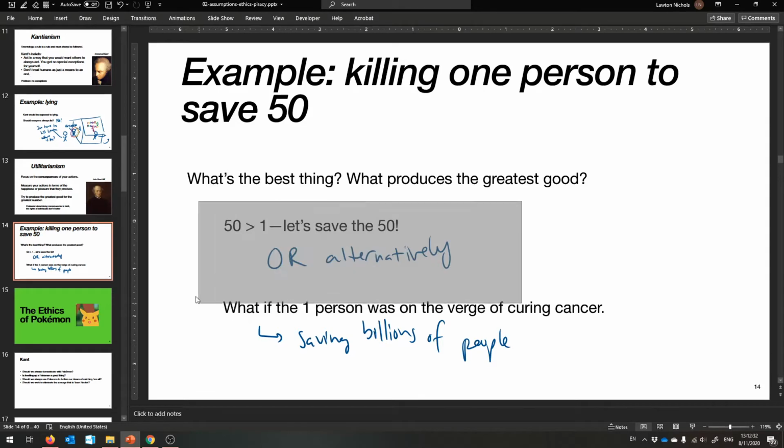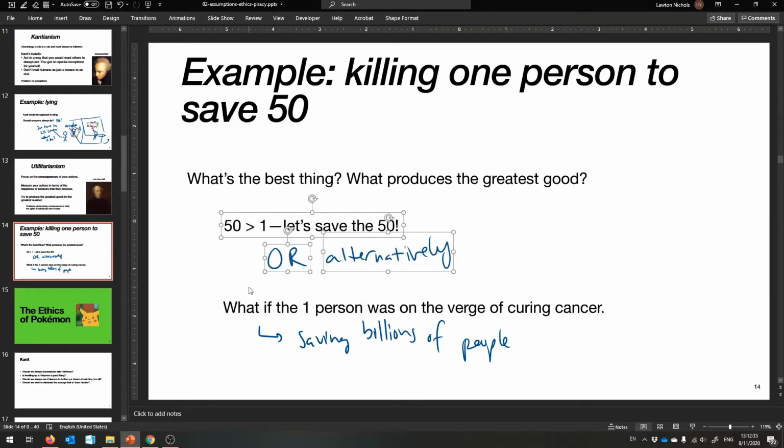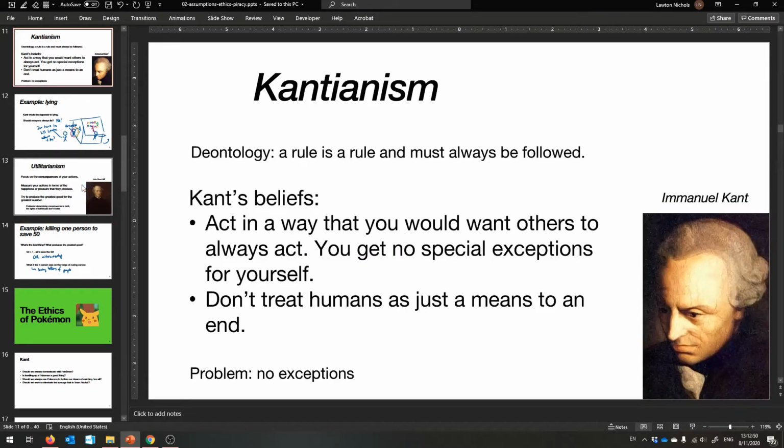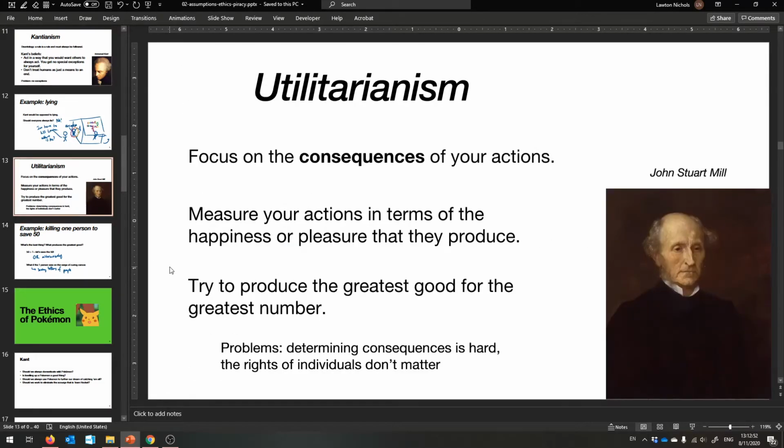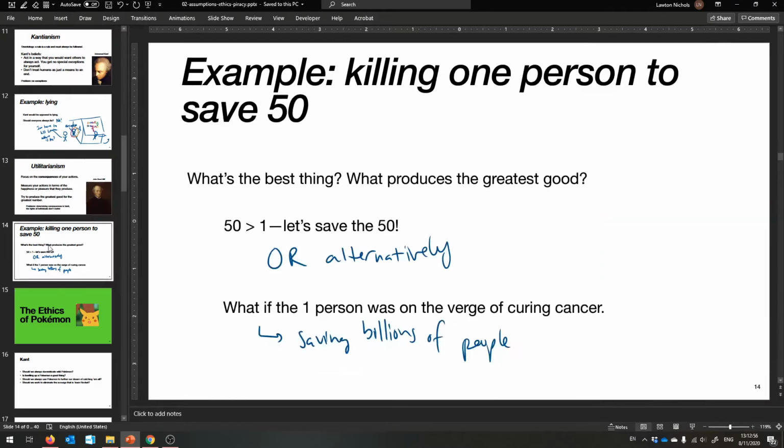But most likely, if you're going to play the probability game, maybe the 50 was always better. It's very unlikely that somebody is going to cure cancer anytime soon, unfortunately. Yeah, so that's the idea. Hopefully you see how to use both Kantianism and utilitarianism, Kant and Mill, their ideas to approach a problem, because that's all I really care about.